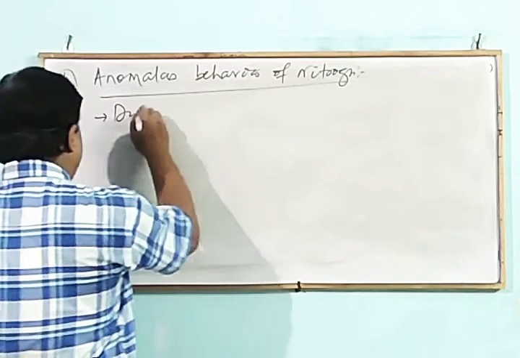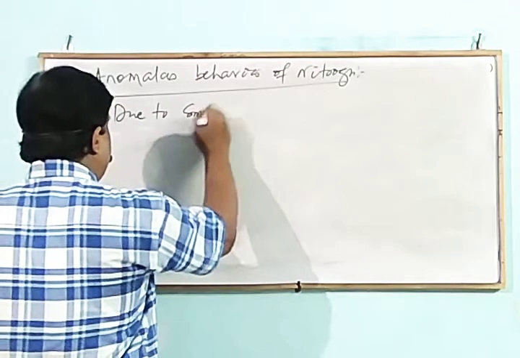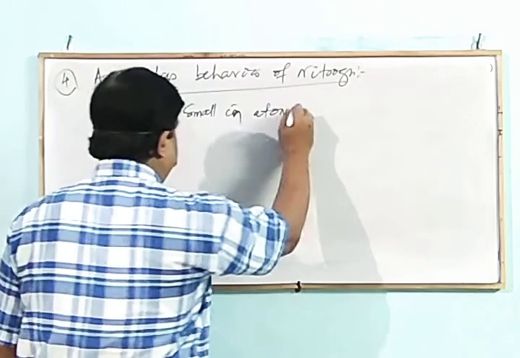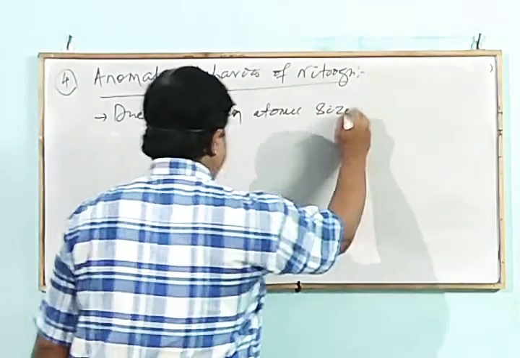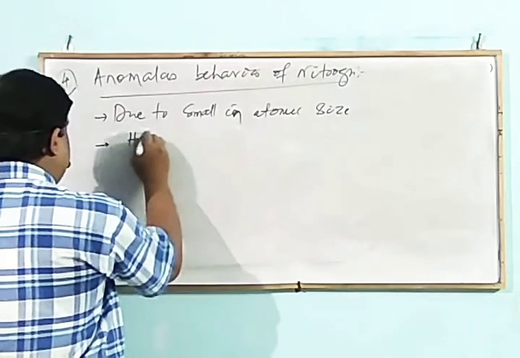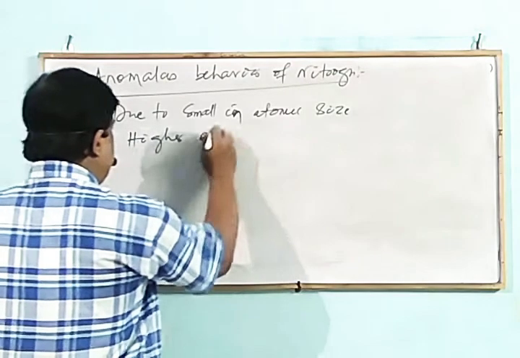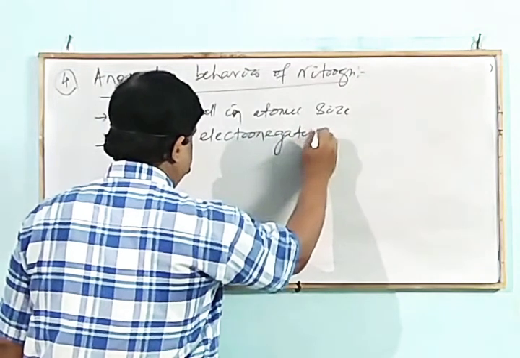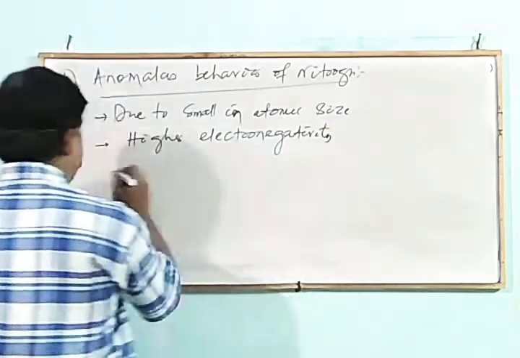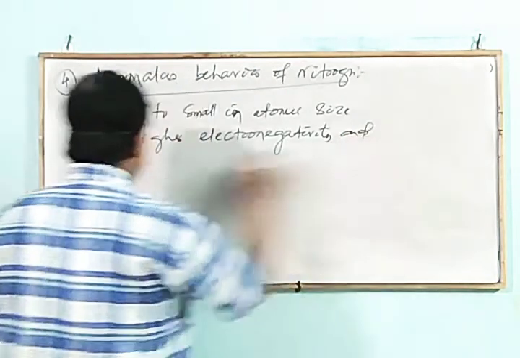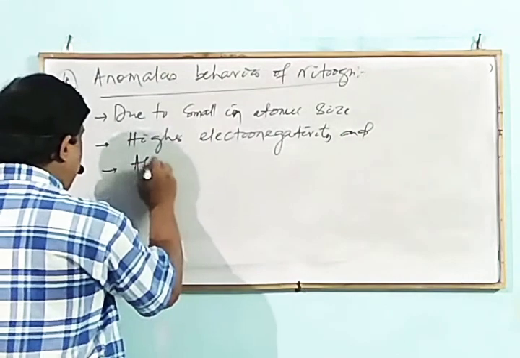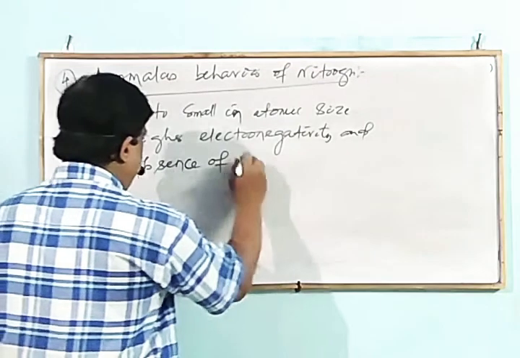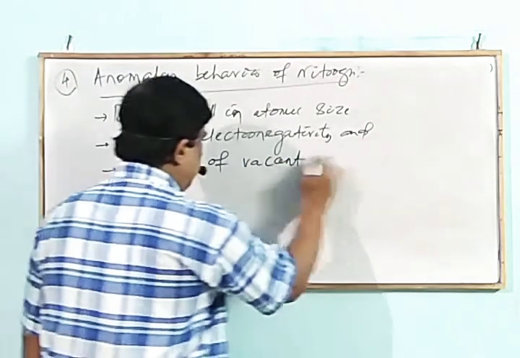Point 1, due to small atomic size, higher electronegativity, and absence of vacant d orbital.